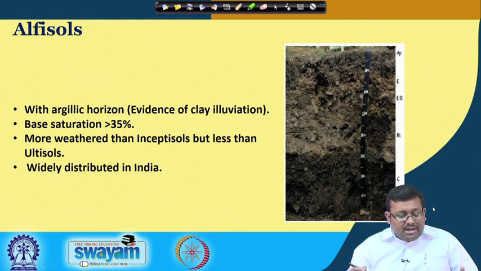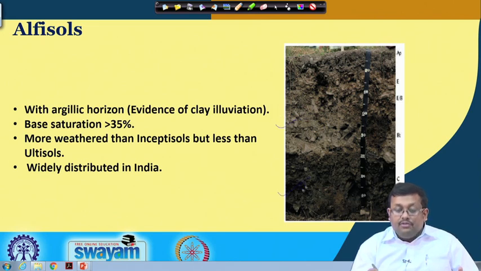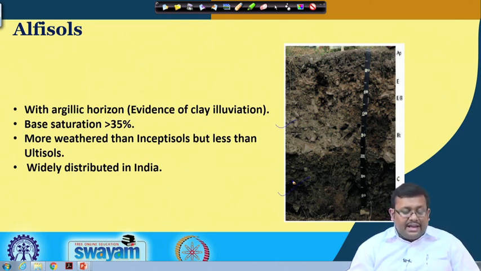Alfisol is another important soil order which is widely distributed in India, and alfisols contain the argillic horizon. You can see there is clear evidence of eluviation and illuviation, a clear illuvial horizon where movement and deposition of clay at the bottom portion of the profile is quite evident.